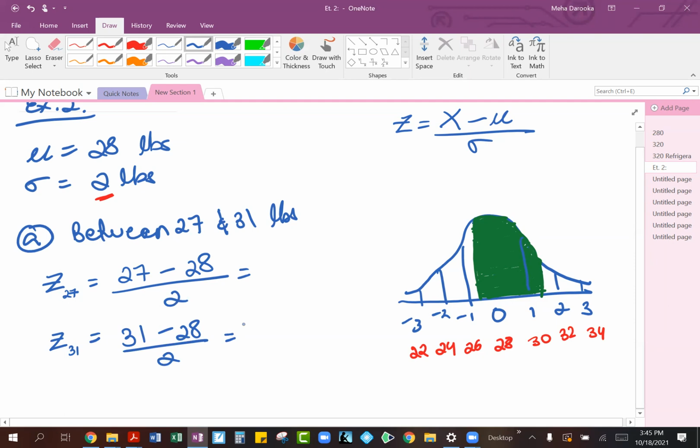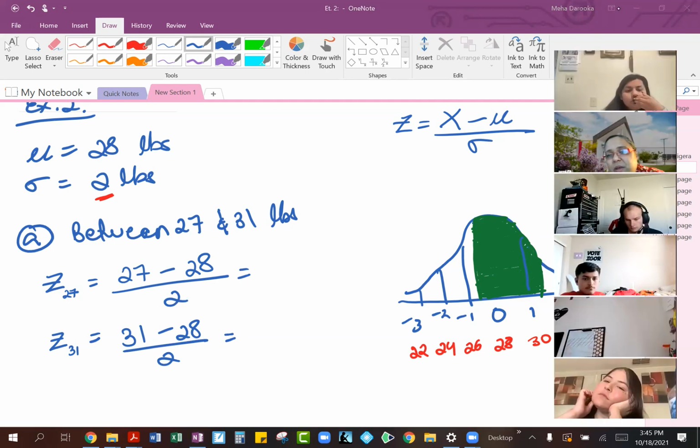So can you tell me what our 2 z-scores come out to be when you do these little calculations? If it's below the mean, it should be negative. If it's above the mean, it should be positive. I came up with negative 0.5 for z-score of 27. Okay, yeah, because 27 minus 28 will give you negative 1, and then you're dividing it by 2.